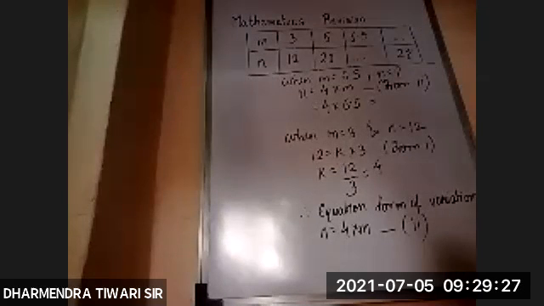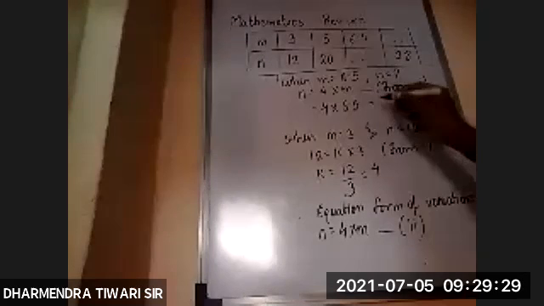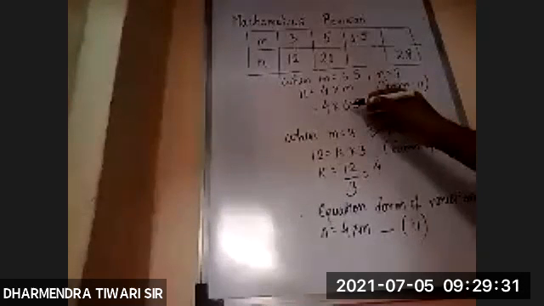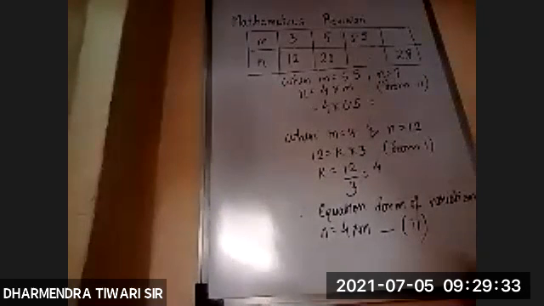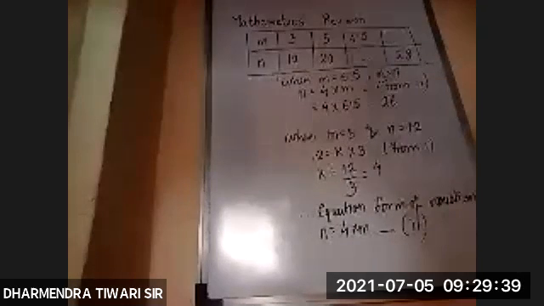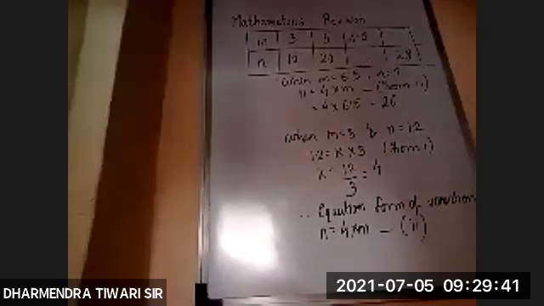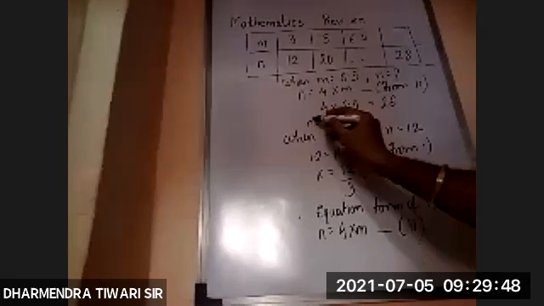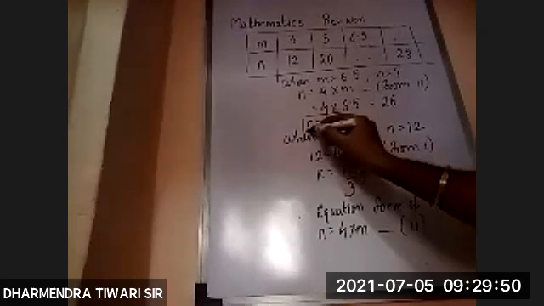So 4 into 6.5: you can easily calculate 6.5 into 2 is 13, so 13 plus 13 is 26, or you can multiply 6.5 directly. You will get the answer as 26. So we got S. You can fill it here.